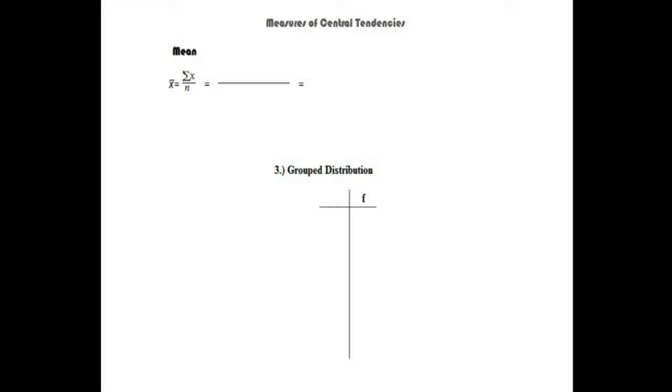So let's say that now we are told that the numbers that we have could be between 0 and 9, or between 10 and 19, or between 20 and 30, or between 30 and 40.